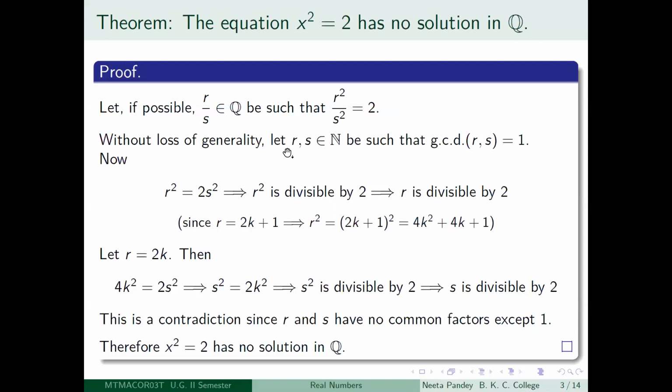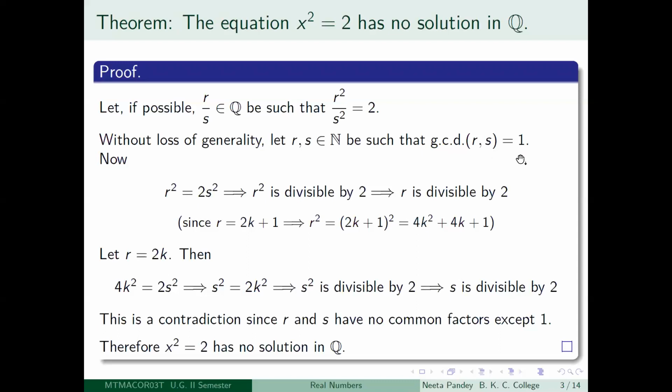So first of all, you assume that r and s are both positive integers. Secondly, we know that any rational number can be expressed in its lowest form. So do that. If there are common factors between r and s, then just cancel out those common factors so that the greatest common divisor between r and s is 1.